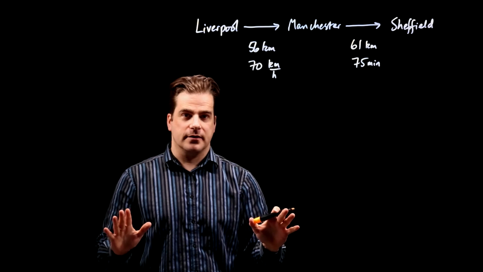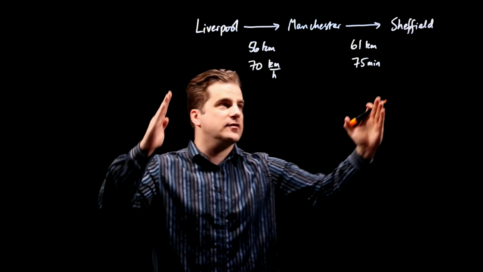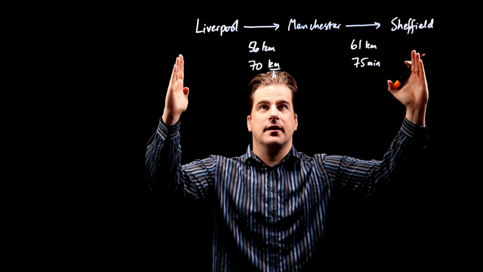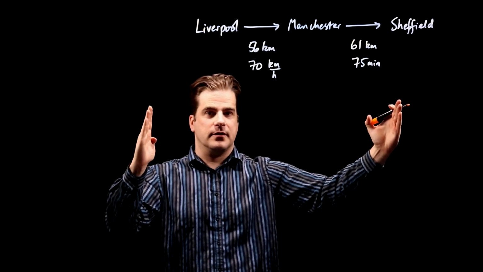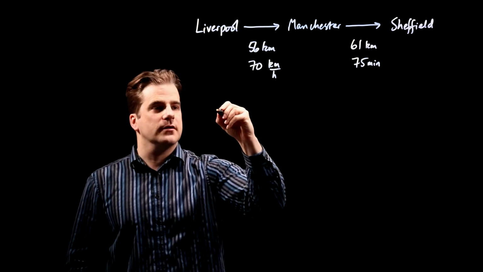It doesn't work. What you have to do is work out the total distance and the total time, okay? That's how you work out average speed. So I'll write that down.